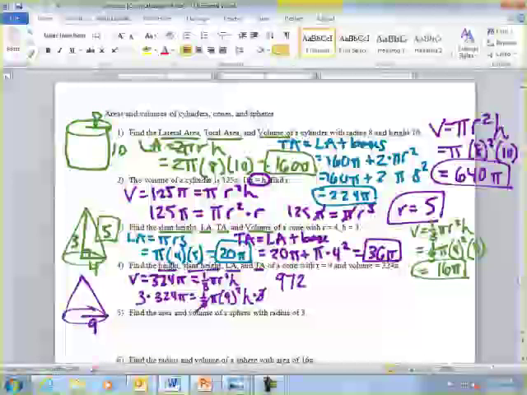We can also divide both sides of this by pi and just get rid of those. And on the other side, we still have a 9 squared, which would be 81 times h. How do I get h alone? Divide by 81. And I get h is 12.